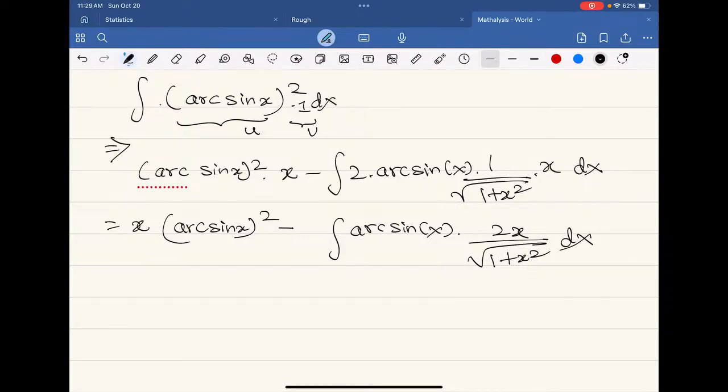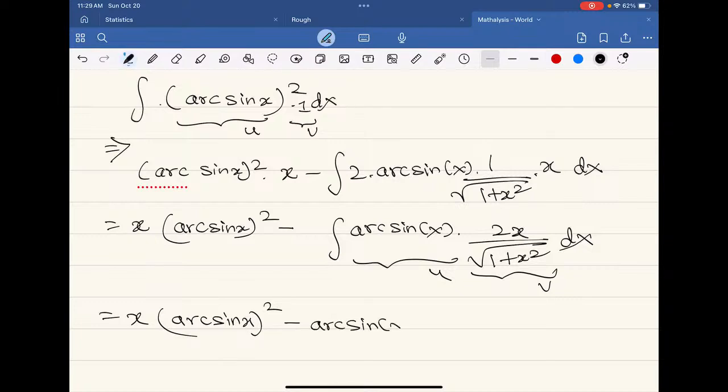Again, we can integrate this with this as u and this as v, right? This will be x arc sin x square minus u, and the integral of that thing is, basically I can introduce a 2 and 2 over here.